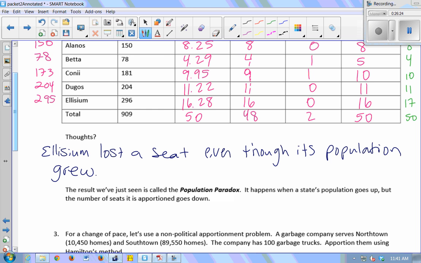So we have the Alabama paradox: if we have more stuff to give out, sometimes that means a state loses a seat. And then we have the population paradox, where your population can grow, yet you lose a seat. Very weird stuff.